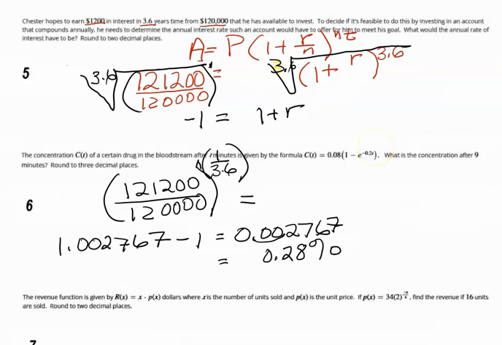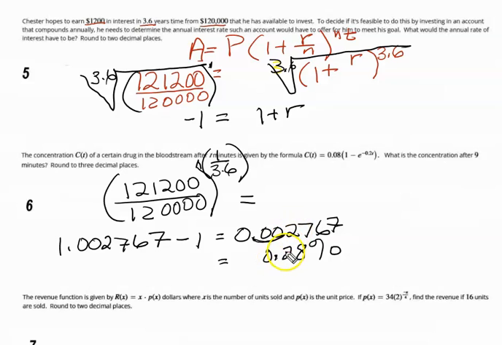So let's take it in steps again. I put this in parentheses, caret, this in parentheses, and I got this. Then I brought that 1 over. I'm going to subtract 1 from this, and I get this. Now I need to round this to 2 decimal places in percent form. So converting it to percent, I move the decimal place 2 places over, which is here.